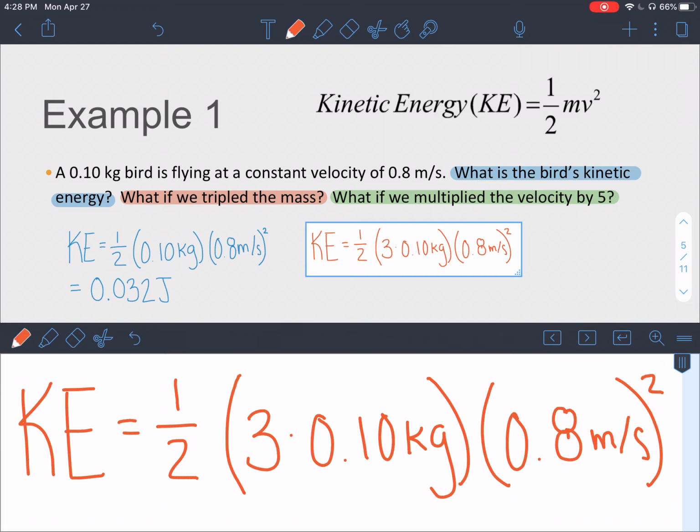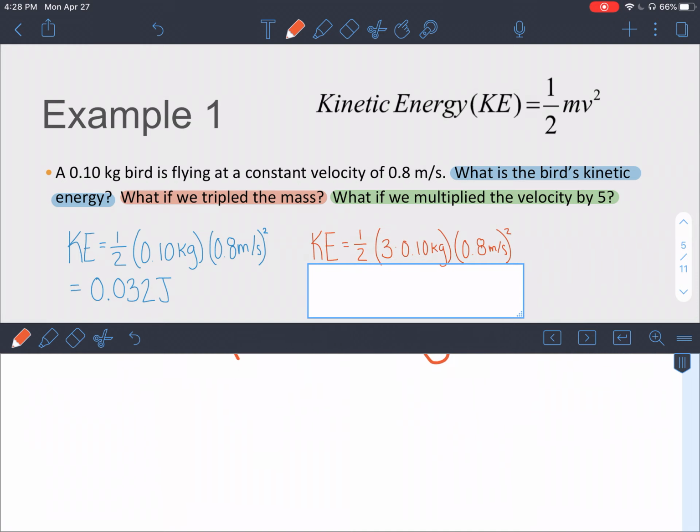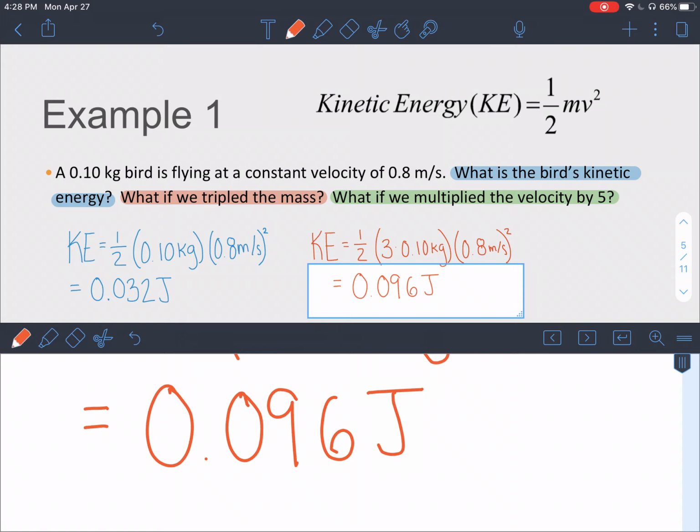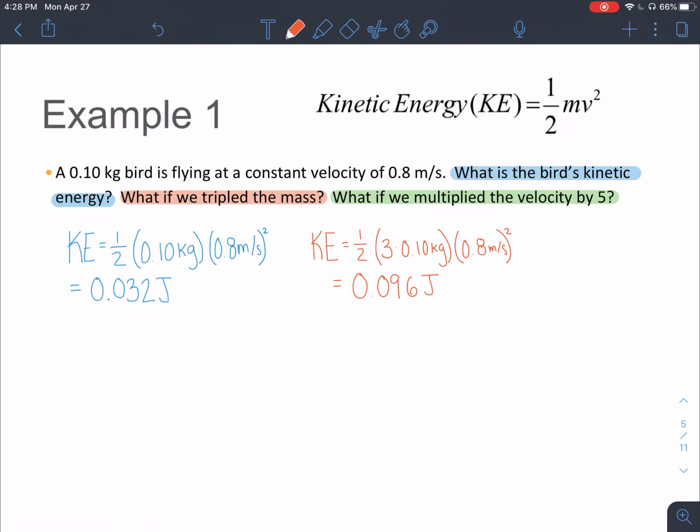All right. So after you plug that in, you will get a kinetic energy of 0.096 joules. Okay, so after the first two problems, we can see that the energy triples if the mass triples.